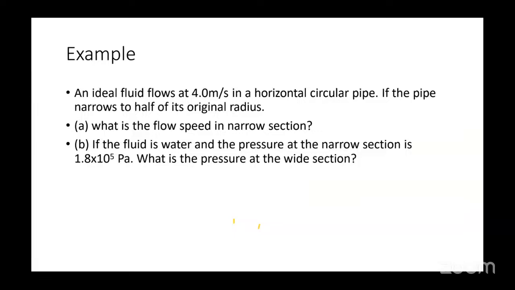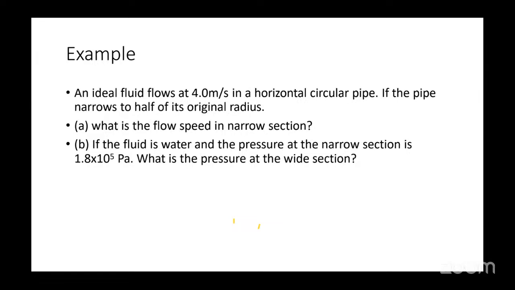Another example: an ideal fluid flows at 4.0 meters per second in a horizontal circular pipe. If the pipe narrows to half of its original radius, A, what is the flow speed in the narrow section?